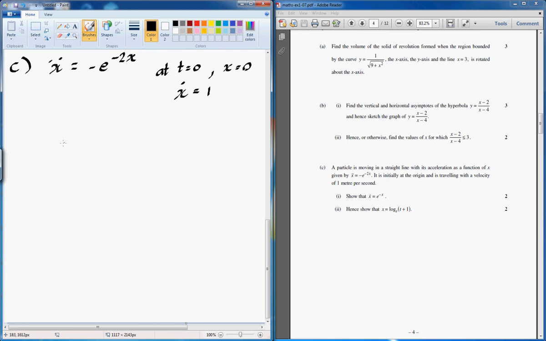Okay, so what we need to do is integrate this. So to get x dot, we need to integrate this side. I'm going to write x double dot over e to the minus 2x is equal to minus 1. Now this e to the minus 2x can become e to the 2x.